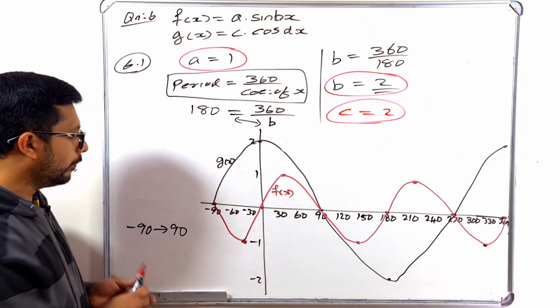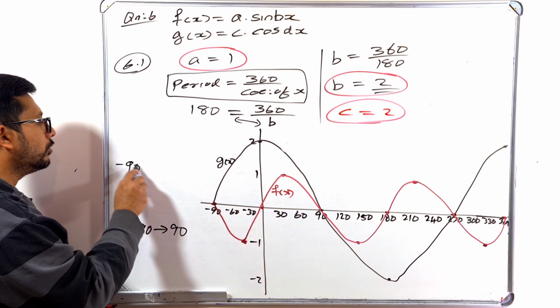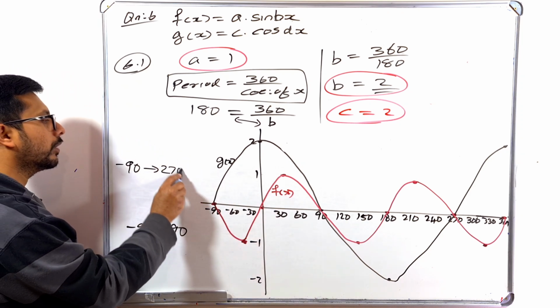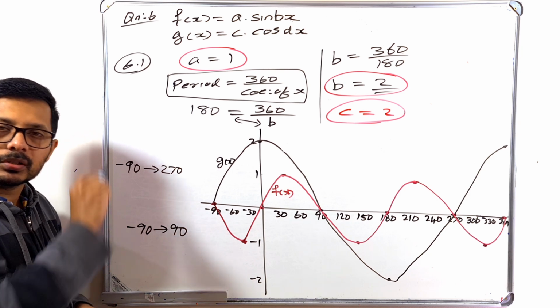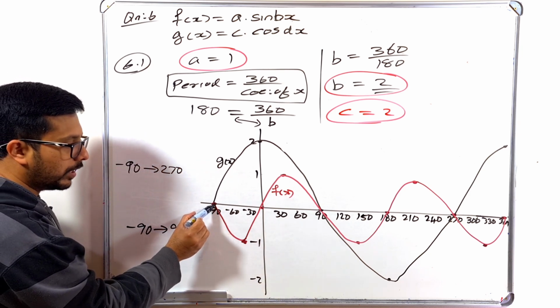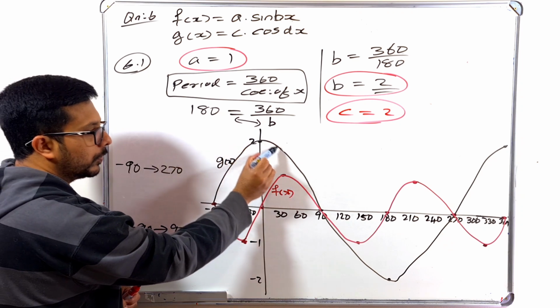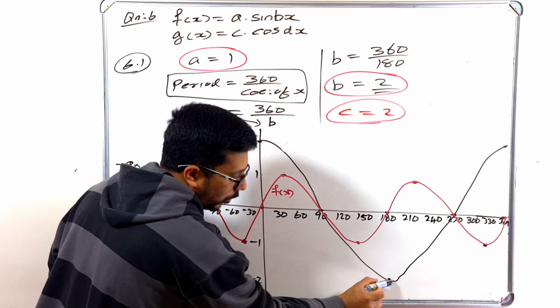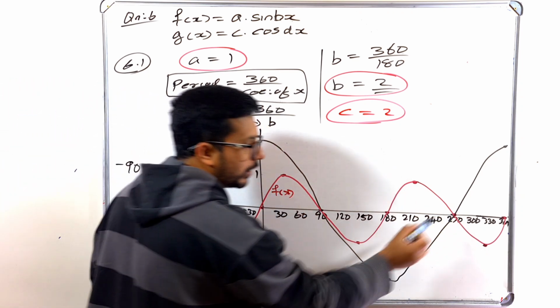So from -90 to 270, it travels to take one complete rotation. Look at this, from -90 up, top, bottom, then again on the x-axis.